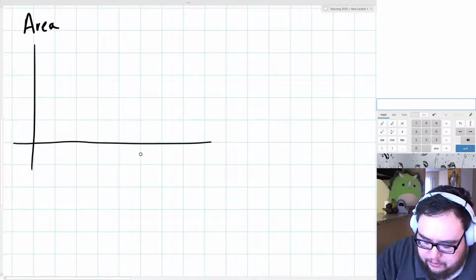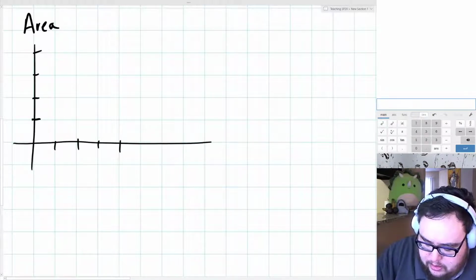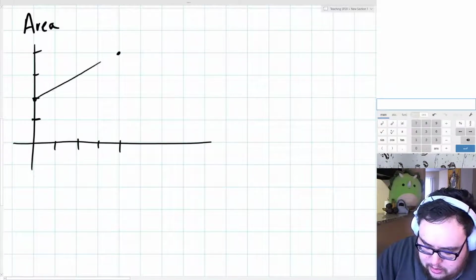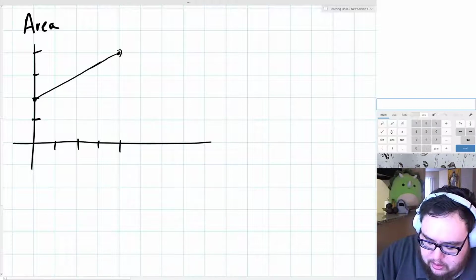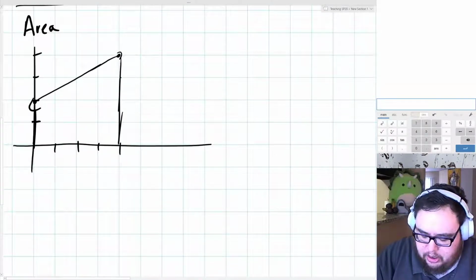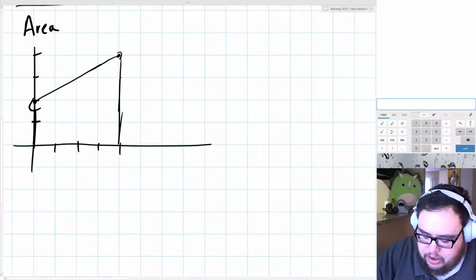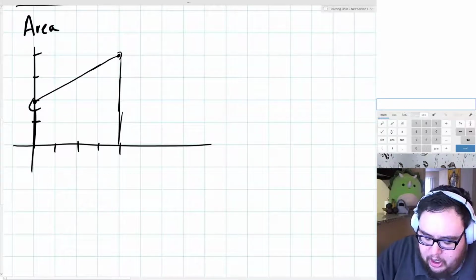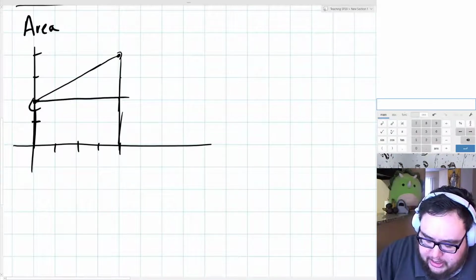So if we wanted to take the integral here and find the area underneath this curve, which just happens to be a straight line, we can break up this curve as a rectangle and a triangle, right?